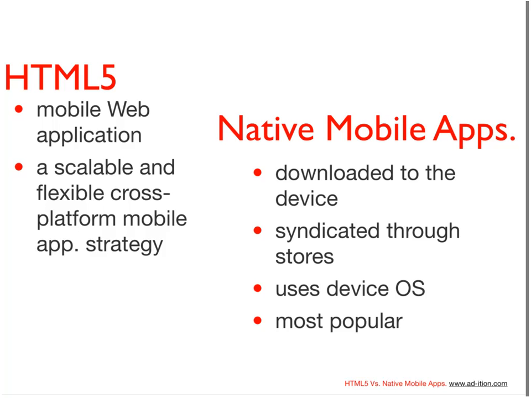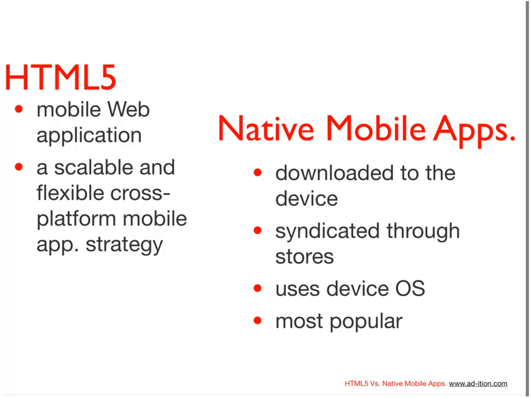Native mobile apps are probably the term or the mobile strategy that you're most familiar with. And that's really simple. You've got a smartphone, it provides a store where you go to get applications. All of the applications that you download to your device are specific to your device. So if I've got an application for Tumblr and I'm going on to the App Store to get it, I know that Tumblr has built their application so it works specifically with my iPhone, okay?